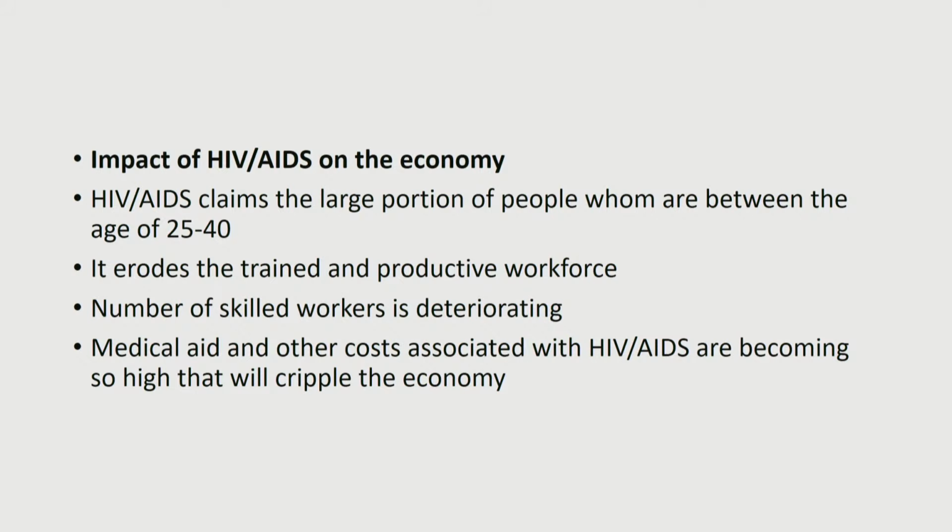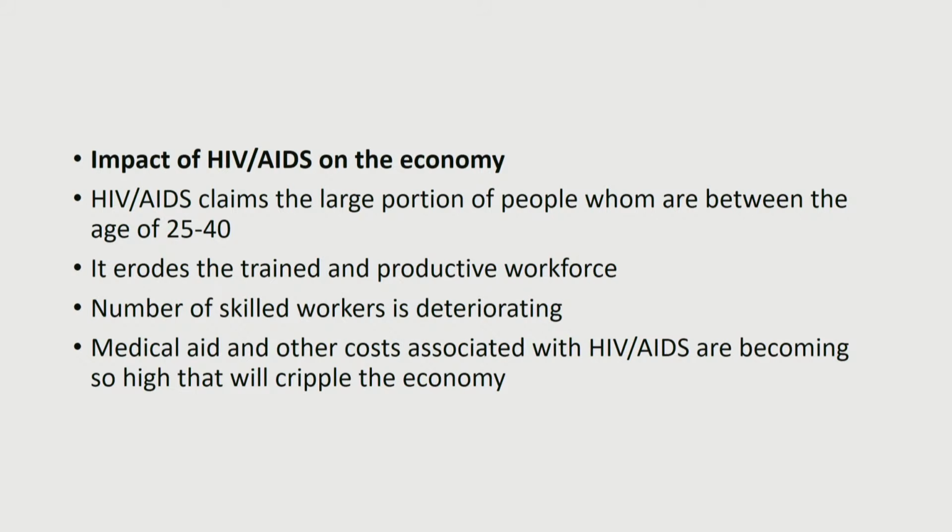So the medical aid and other costs associated with HIV/AIDS are becoming so high that they will cripple the economy of the country. So now the government has got to make ARVs available to everyone within the country. However, in as much as the government provides this medication to people in the country, it doesn't mean that they come for free.